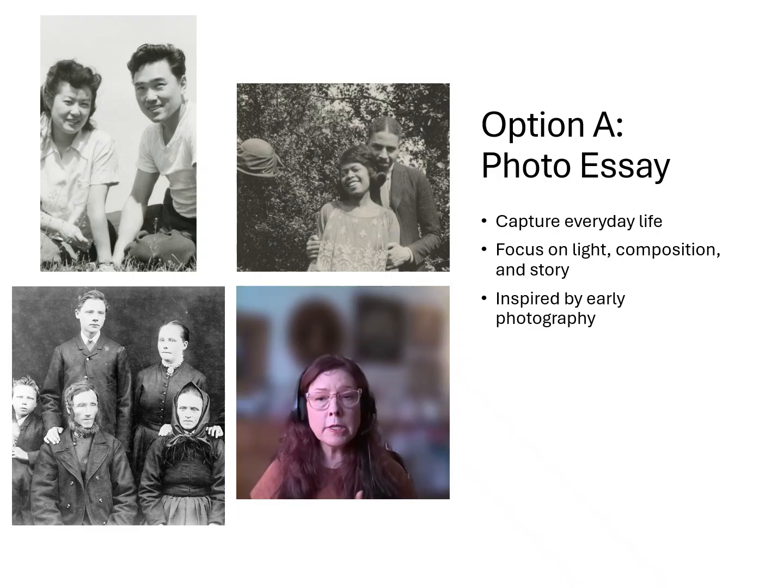Then from those images, you are going to choose about 5 to 7 photos to bring together into your final photo essay. And this is where it becomes more than just pictures. You are going to arrange them in a way that tells a story or captures a theme. You are going to give your photo essay a title, something that reflects what you are trying to say.